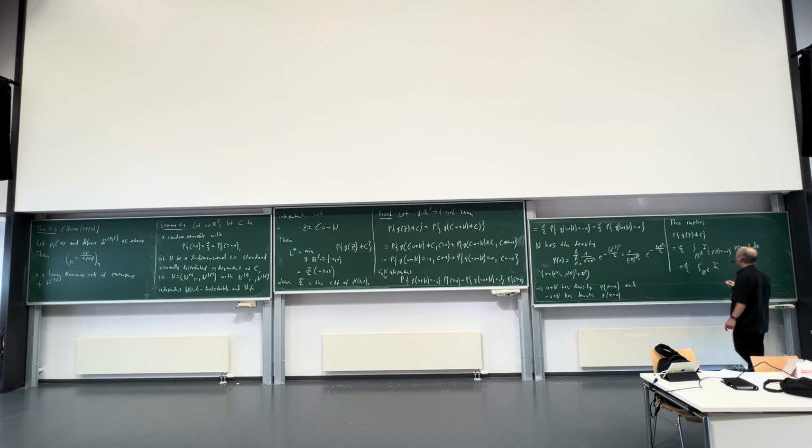The indicator is this time g of x is equal to +1. And my density of minus u plus n is phi of x plus u.